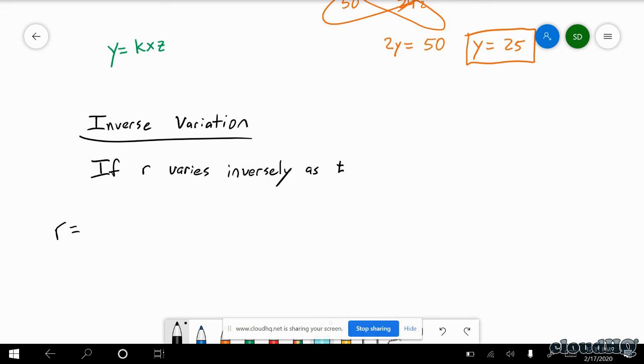So R equals, we still have a constant of variation. We still use K. Before, I multiplied it by T. What do you think I would do here? Divide it by T. So we could have this equation. If you solved that for K, because that's what we did in the last problem, what would you end up getting?